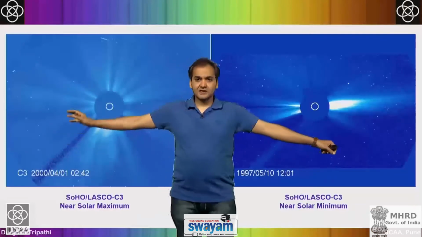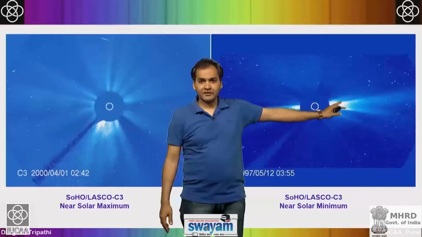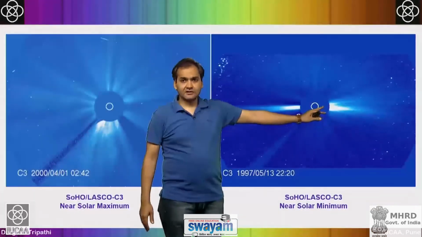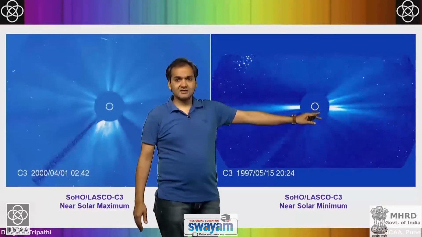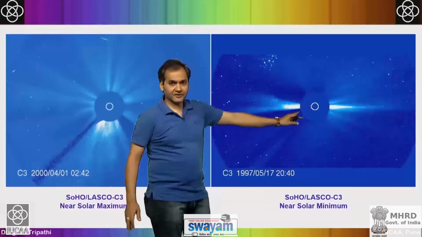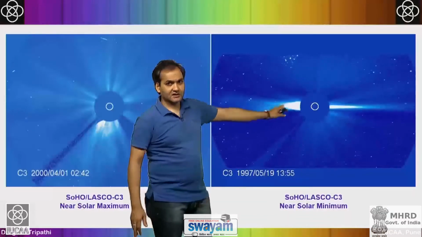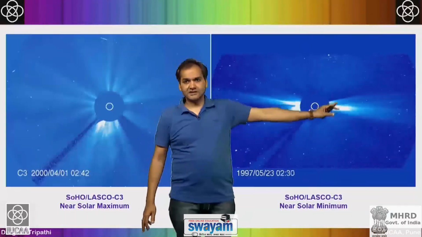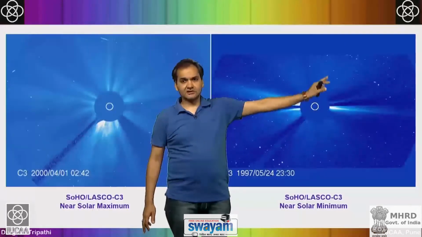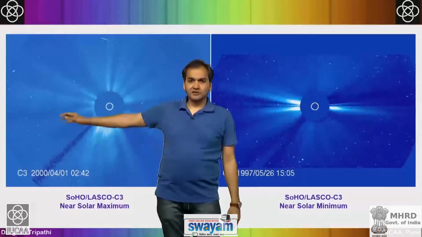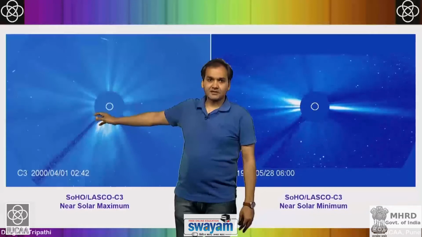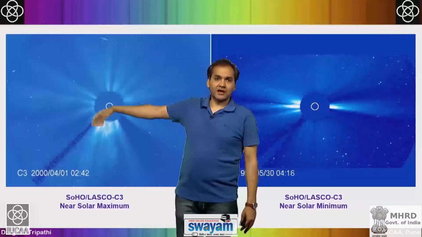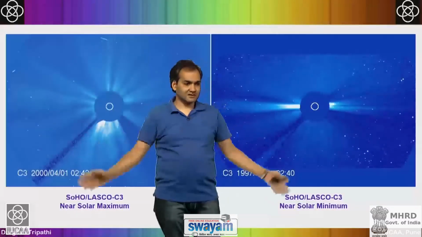During the minimum, when you have blocked the sun's disk, you see that the structure is nicely elongated along the equator, with very fuzzy structures around the polar regions. But during the solar maximum, you have structures going all around everywhere because the sun is in a very strong magnetic state.